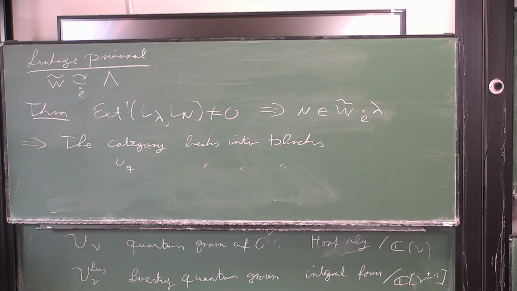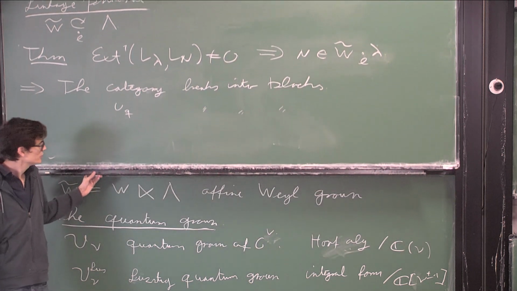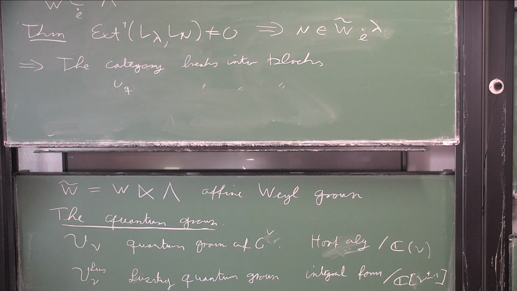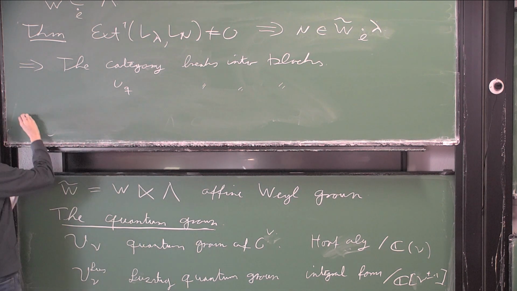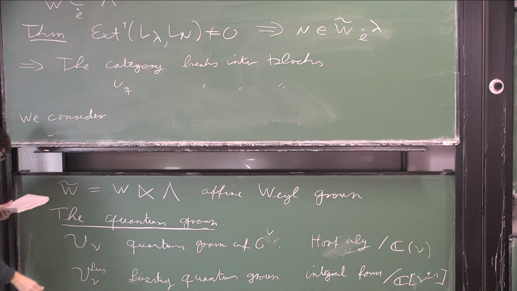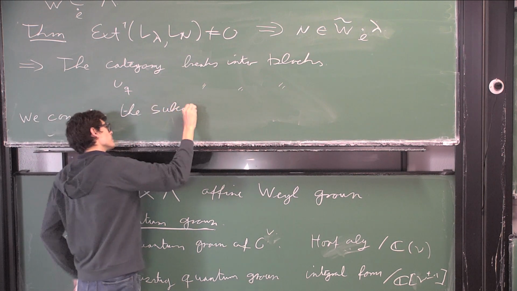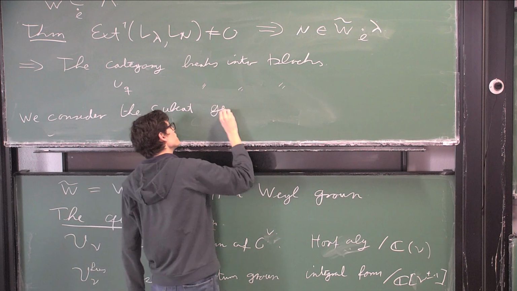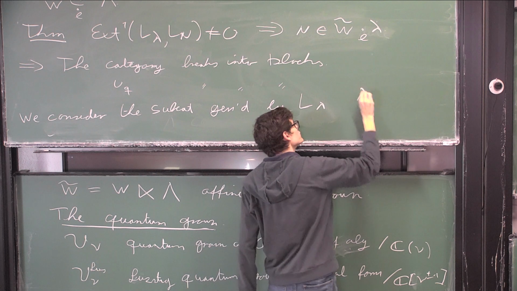The algebra breaks up as a direct sum of subalgebras, and the category breaks up as a direct sum of subcategories. And these are both called blocks. And we're going to consider one in particular. We're going to consider the regular block. So we consider the subcategory generated by the irreducibles in the orbit of 0.